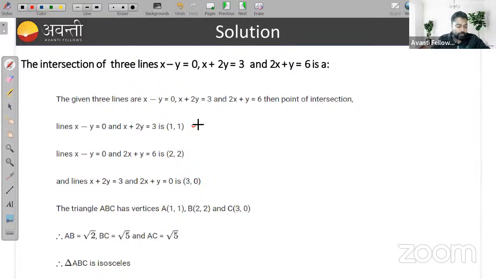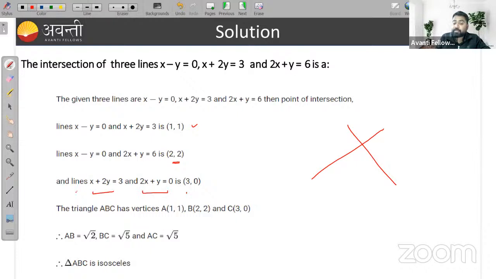If I draw these two lines, y = x and x + 2y = 3, suppose these two lines. Then I'm solving x - y = 0 and 2x + y = 6. I'm getting the point of intersection as (2, 2). Then finally, I'm solving x + 2y = 3 and 2x + y = 6.